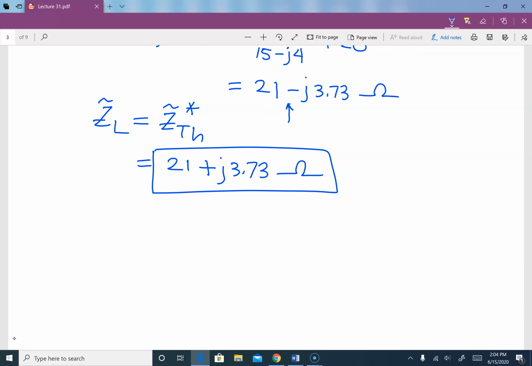If we have, let's say, an impedance came out to be 50 with angle 30 degrees, then over here conjugate, it will be 50 with angle negative 30. So we flip the sign of the angle, while over here we flip the sign of the imaginary part.